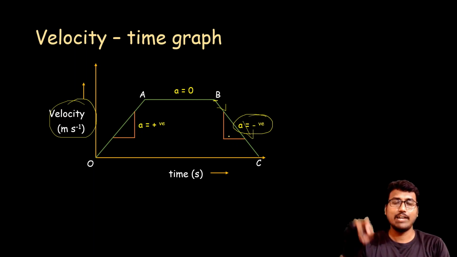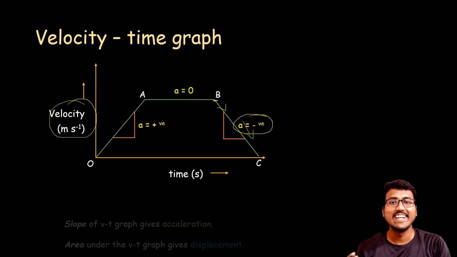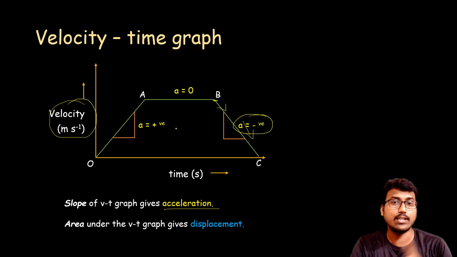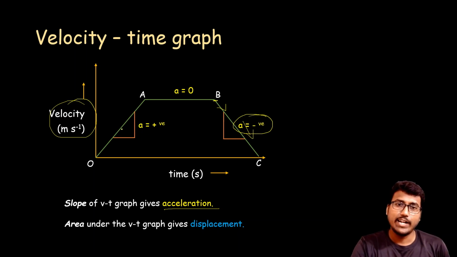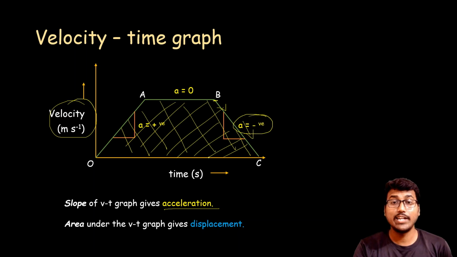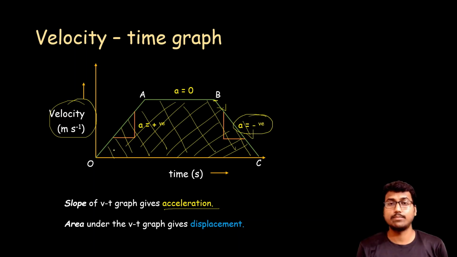So in a single graph, you can analyze and understand the entire velocity time graph, right? So hope you've understood. In this graph, what you're going to see is the acceleration. The slope gives acceleration, and one more extra thing that you're going to learn. If you find out the area under this entire curve, the total area, it will give you the displacement, the total displacement.